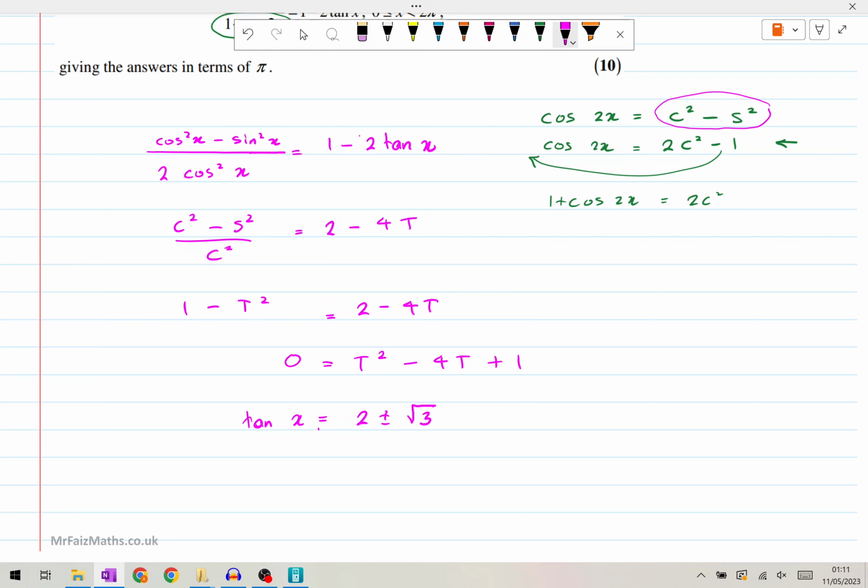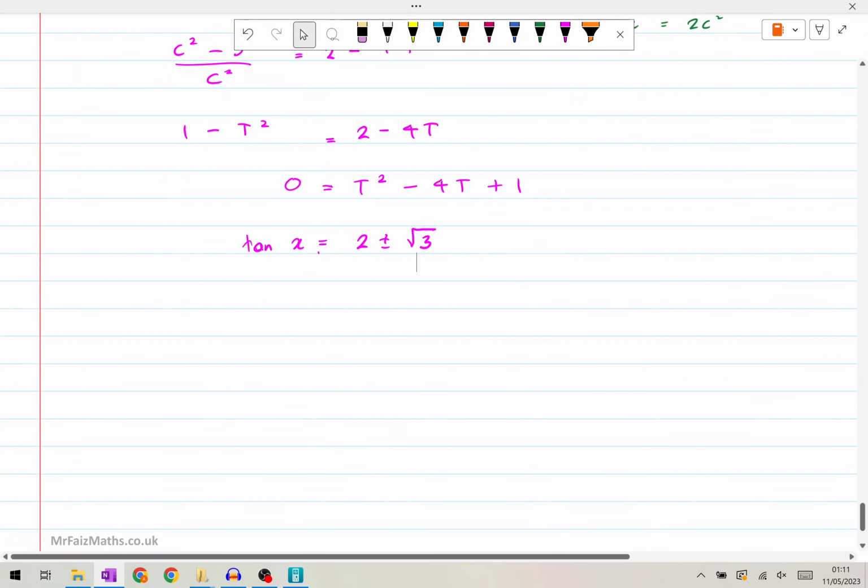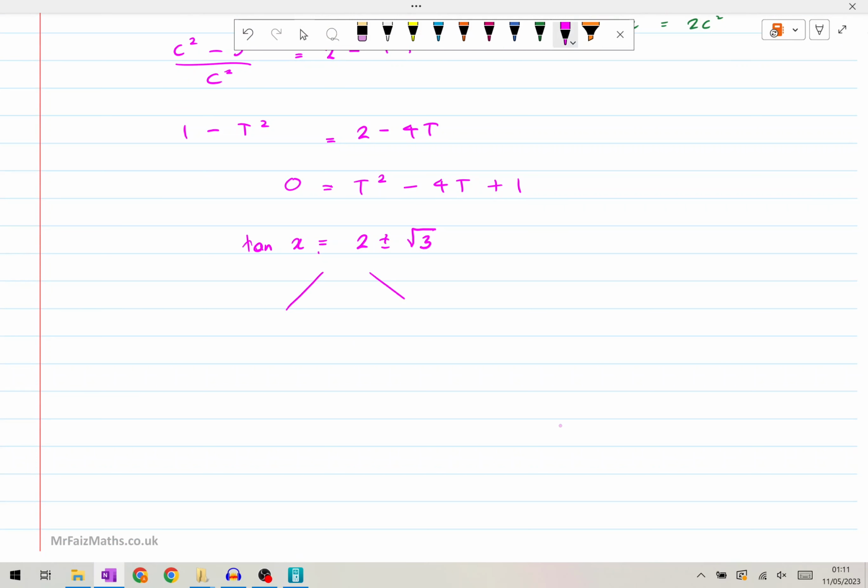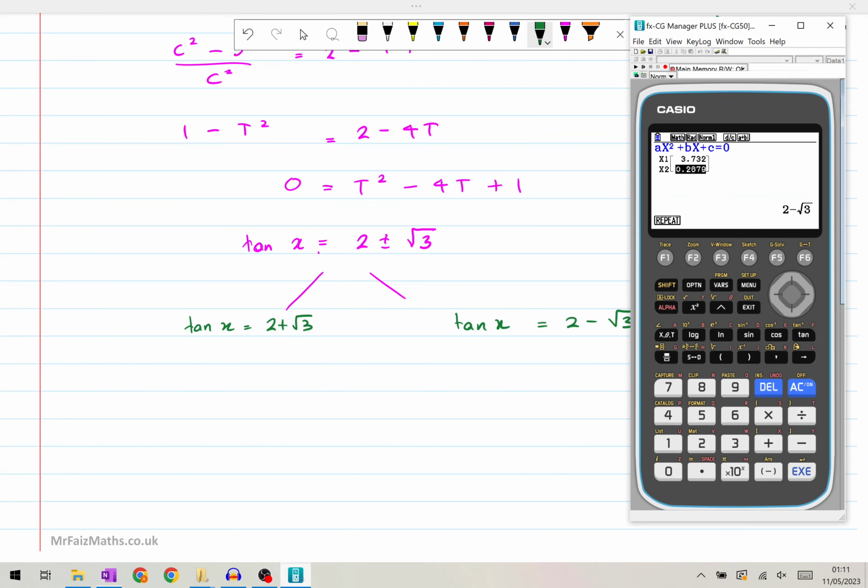Now what we need to do is solve each of these separately. So I'll just split this into 2 parts. We either have tan x is equal to 2 plus root 3, or tan x is equal to 2 minus root 3. Once again, if you just check this on the calculator, tan inverse of 2 plus root 3, hopefully we do get an exact form here.